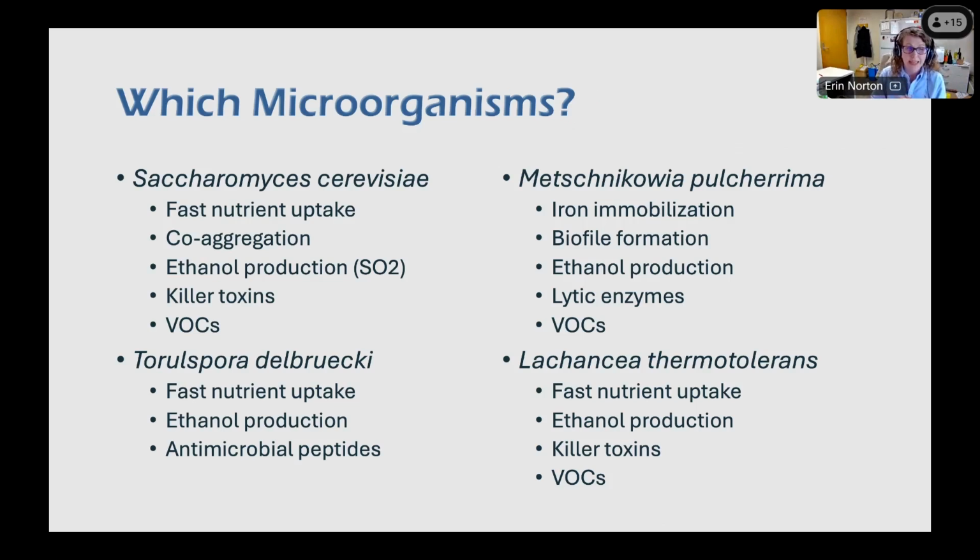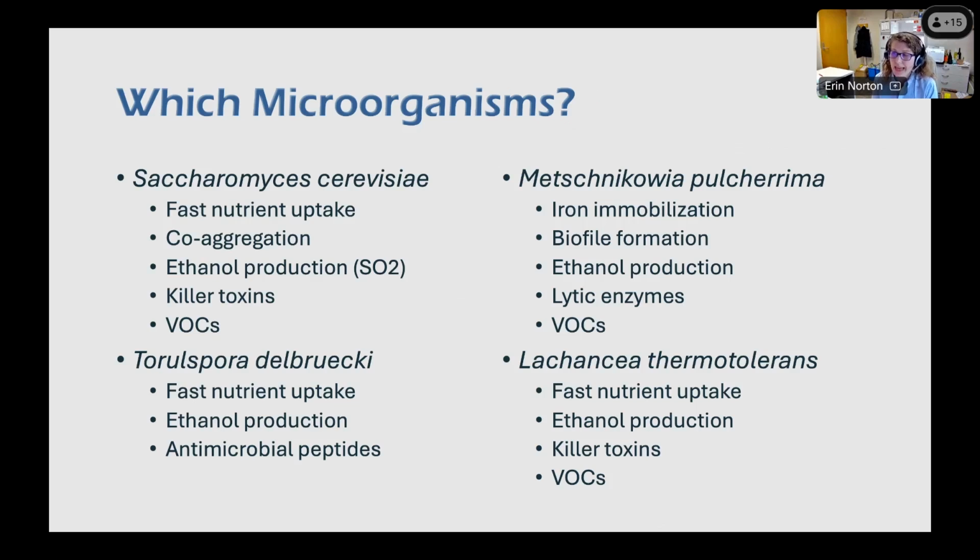They can coaggregate, they produce ethanol, they also produce some SO2, killer toxins, volatile organic compounds. So Saccharomyces cerevisiae is doing a pretty good job. There's a couple other species that are commercially available to add into your juice.